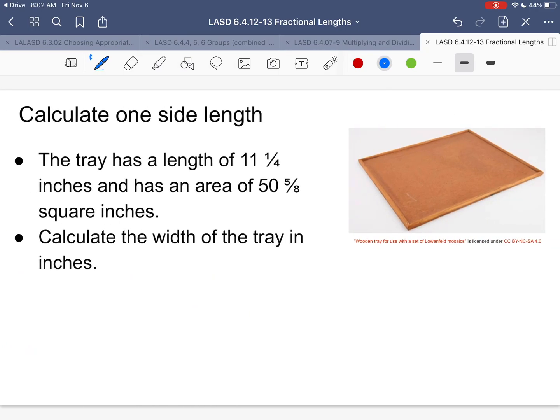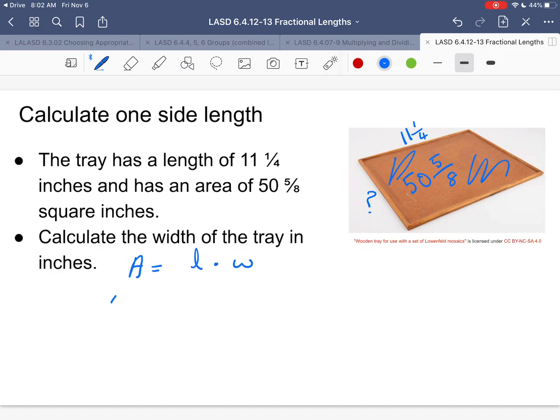And if we have an area problem like we have here, where a tray has a length of 11 1/4 inches and an area of 50 5/8, altogether the whole thing, I know that and we want to find the width. So the area of a rectangle is length times width.